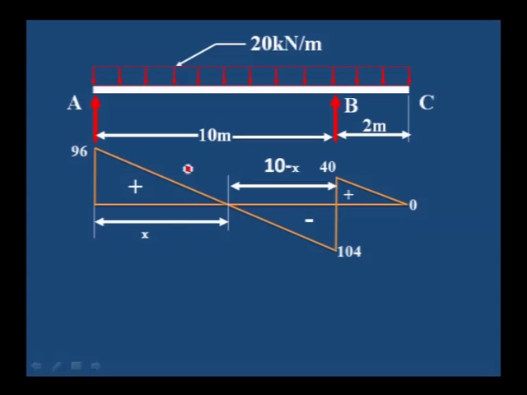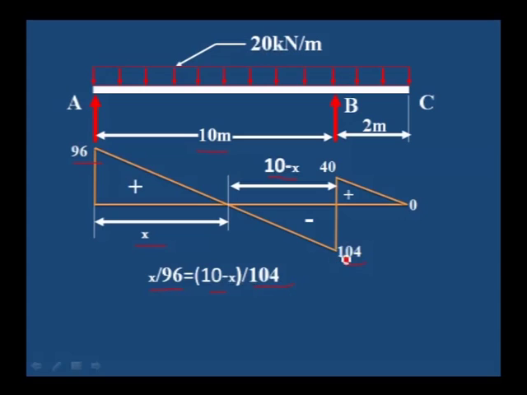First we have to find the maximum bending moment. To find the maximum bending moment, we can mark this point from the left support as x. Then the balance distance is 10 minus x. Total distance is 10, out of which if we subtract x, 10 minus x is the distance from this point to the B point. Now, from these two triangles, x by 96 is equal to 10 minus x divided by 104.